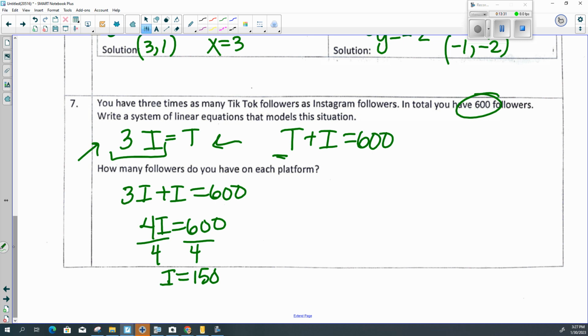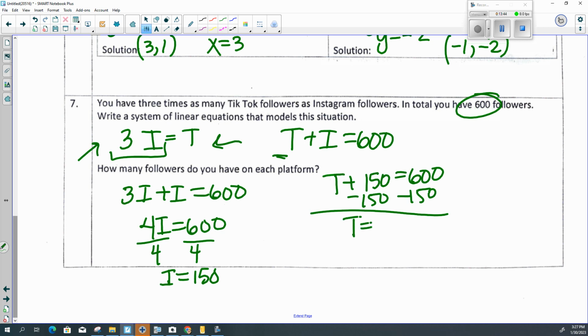And then I can plug that into either one of these. TikTok plus Instagram, which I now know is 150, equals 600. Use my inverse operations to find that my TikTok followers is 450. So your 2 solutions are here. I don't know how you'd write them as an ordered pair. I don't know that that's important.